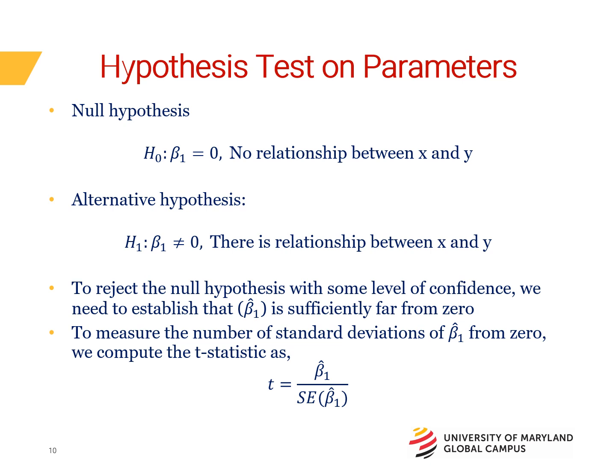That is what we need to establish to reject the null hypothesis. And to measure the number of standard deviations of beta 1 hat from 0, we compute the test statistic as the ratio between beta 1 hat and its standard error.